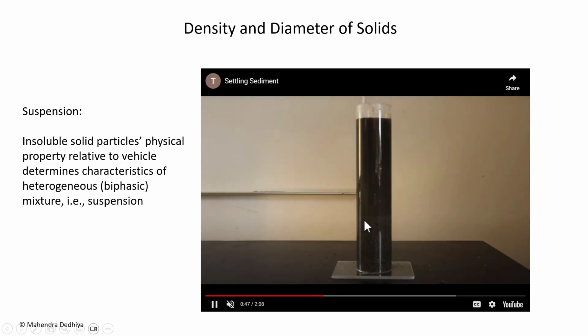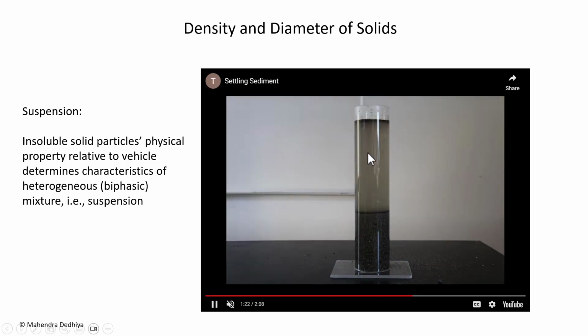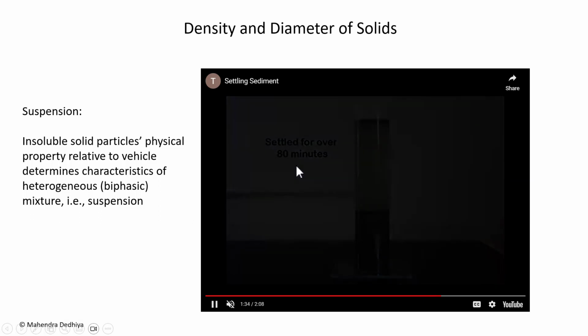And now we can see the boundary line of the settlement, where a heavier or denser particle settles faster and less dense or finer material sediments slower. One can see the settling of particles and a very clear line is shown. In this case, settling takes over 80 minutes.